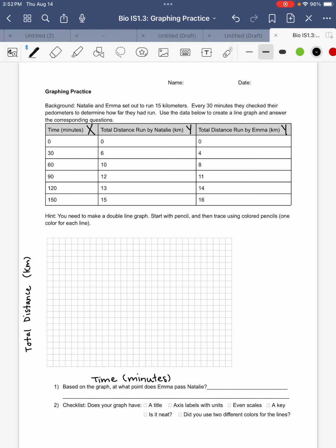So for this, it's going to be total distance, because that's our y-axis, and then the word over time. Total distance over time. So again, the format for that is our y-axis label over x. Okay, we've got our title, we've got our axis labels.